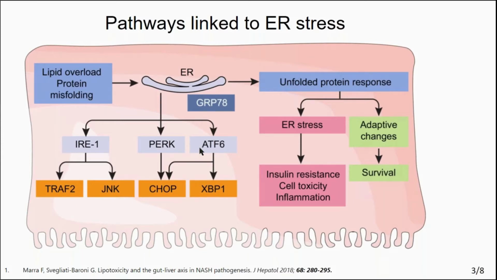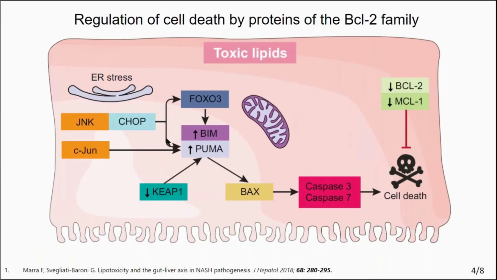Some other important pathways might also interact with the targets here, the TRAF2, JNK, CHOP, and other pathways, which ultimately would decrease beta oxidation of fatty acids in mitochondria, producing also pathways towards caspases 3 and 7, cell death, by simultaneously decreasing some defense mechanisms, for example, the BCL2 family.